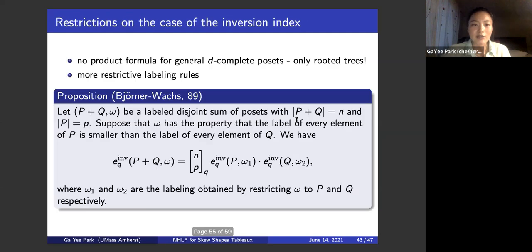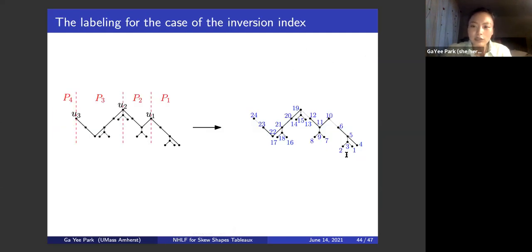The first is that all the rooted trees are naturally labeled. Here, for example, 9 is greater than 8 or 7, so the label is greater. It also has to satisfy this short labeling definition, so it must increase as we go through this border strip.